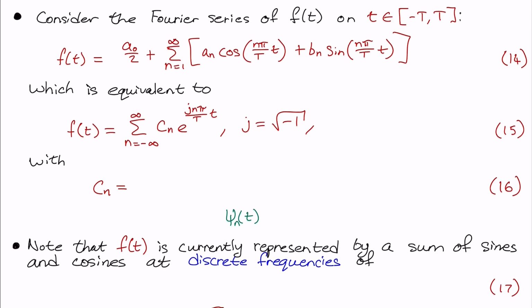And in this case, Cn is equal to 1 over 2 times big T times the integral from minus big T to big T of f of lowercase t times e to the minus j n pi over big T times t dt. And we are going to call this exponential term psi sub n of t.